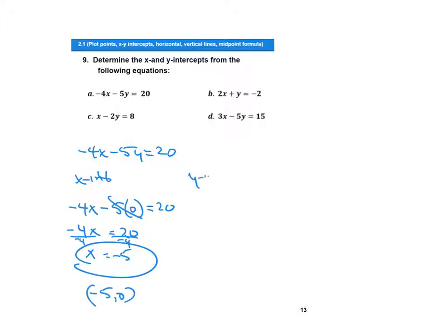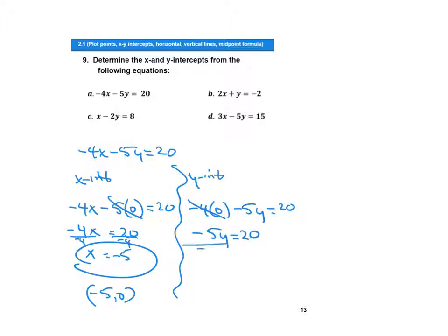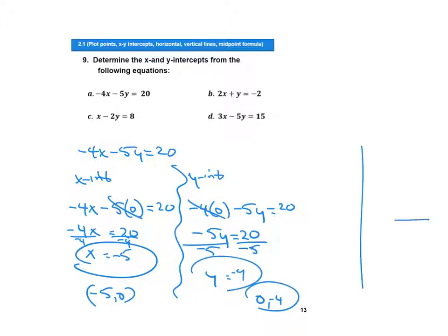And then my y-intercept would be negative 4 times 0 minus 5y equals 20. That goes to 0. Negative 5y equals 20. Divide both sides by negative 5, and y is negative 4. So you'd have (0, negative 4). And a quick sketch would put 1, 2, 3, 4, negative 5 over here, 1, 2, 3, 4 down here. Go ahead and connect your points.